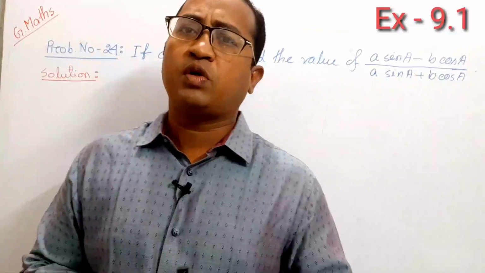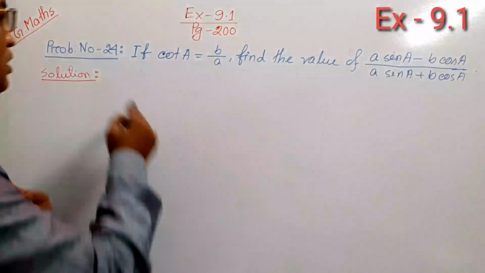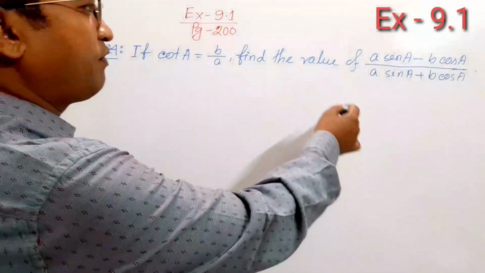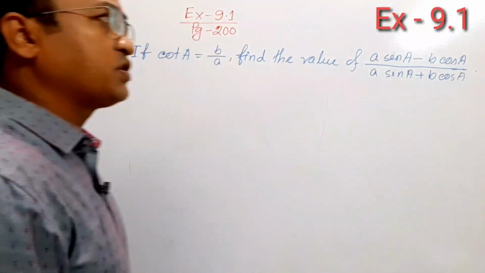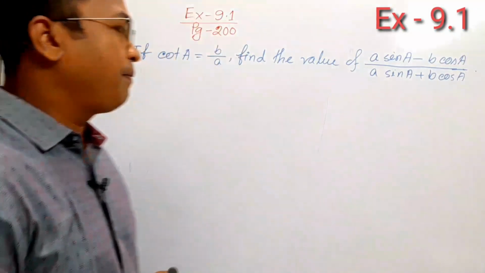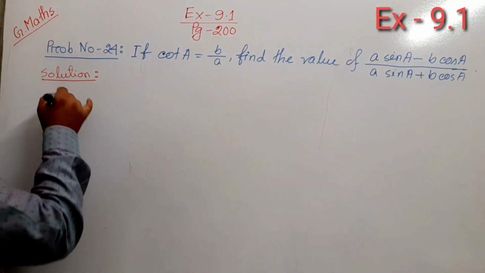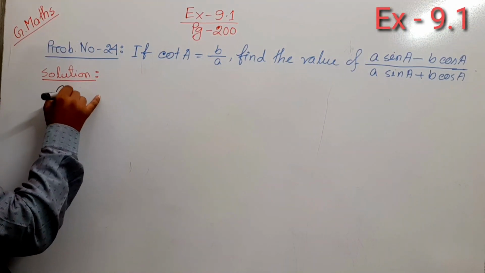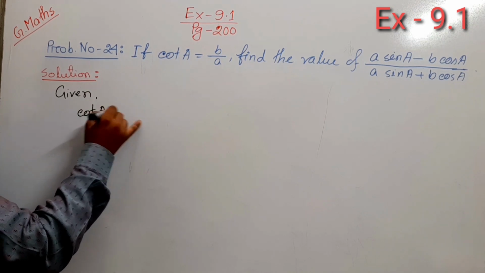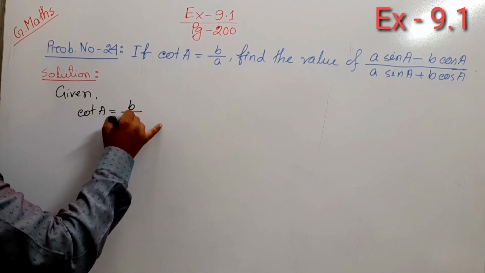Now question number 24. If cot A equals b by a, find the value of (a sin A minus b cos A) by (a sin A plus b cos A). Given cot A equals b by a.